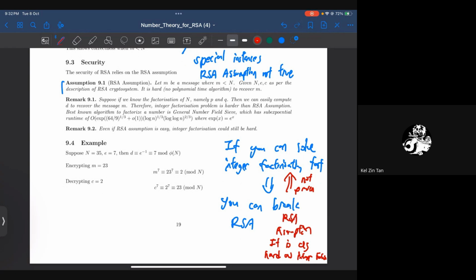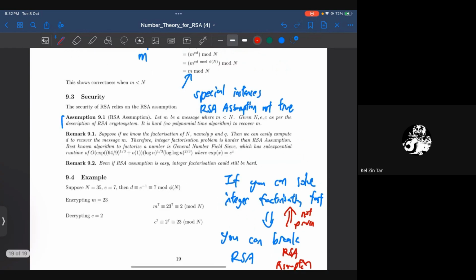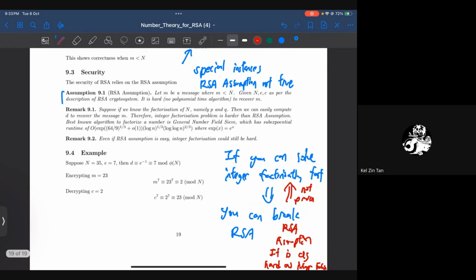It's possible that in the future we can find some algorithms to break RSA. The best known algorithm to factorize a number is the general number field sieve algorithm, which has a sub-exponential runtime. But even if the RSA assumption is easy, integer factorization could still be hard.